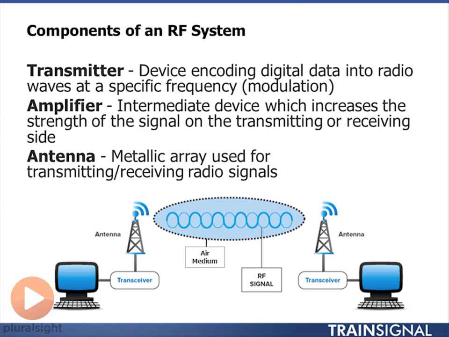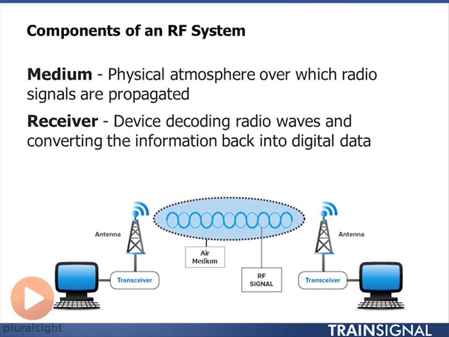They take the received radio waves and then convert it back to electric currents and send it to the receiver. The medium, this is what we were talking about a little while ago. This is the physical medium that your signal is going to go out over. So you're going to radiate your signals from one antenna and they're going to be received at another antenna, and what's in between is what we refer to as the medium.